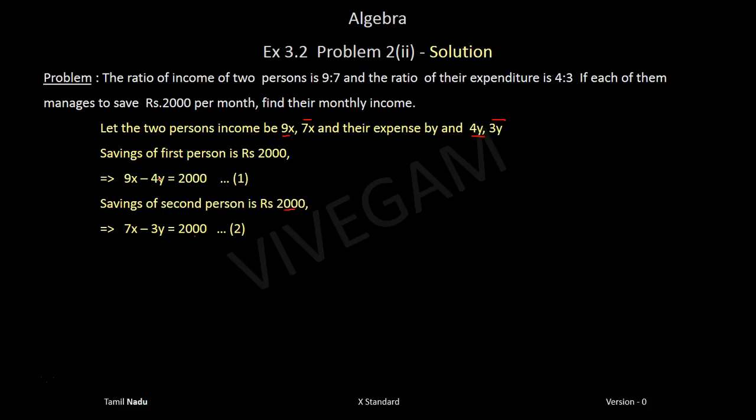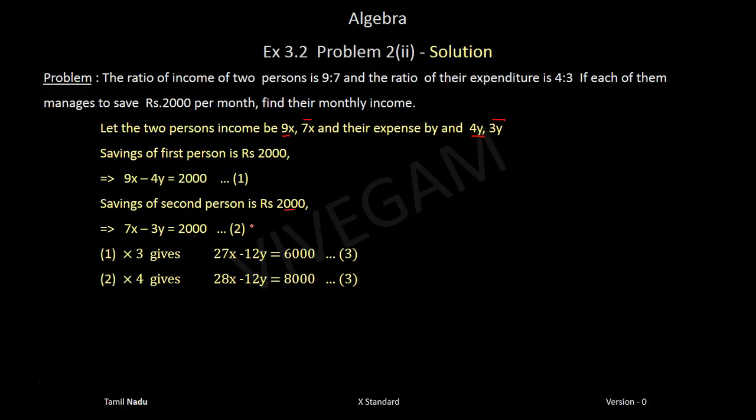Now you see the coefficient of y is 4 in one equation and 3 in the other. Multiply equation 1 by 3, and equation 2 by 4, and you will get 12y in both, and they will cancel. So equation 1 becomes 9 threes are 27x minus 12y equals 3 into 2000, which is 6000.